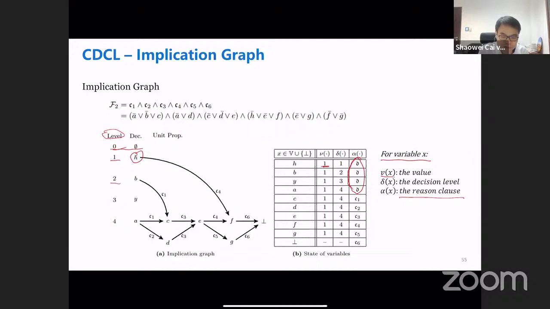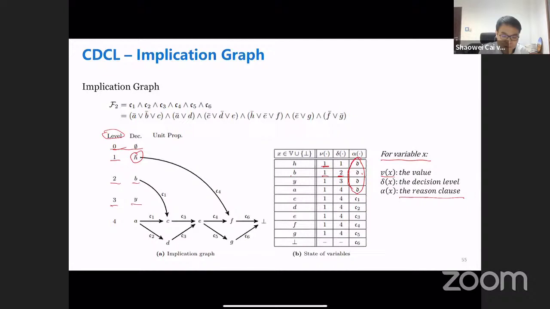Then we go to level 2. At level 2, we pick another variable, say B, and we also assign its value to 1, and its decision level is 2, and the reason is empty because it's not implied. And after level 2, we did not find any unit clause, so we continue to pick a variable to assign.